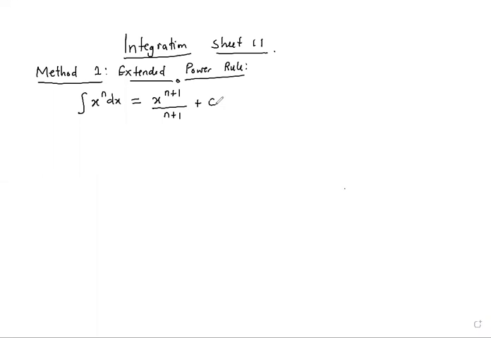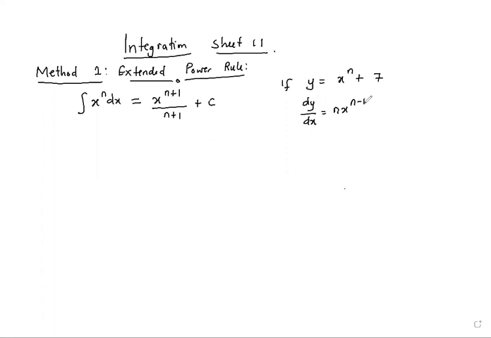The reason why we're adding a 1 is because integration is actually the reverse of differentiation. If, for example, y is equal to x to the power n plus 7, and you're asked to differentiate this, you say dy dx is equal to n x to the power n minus 1 plus 0.